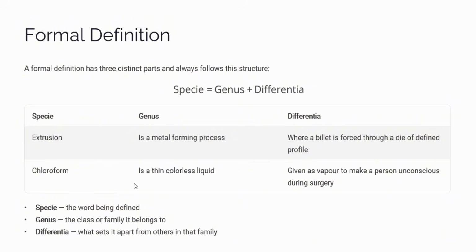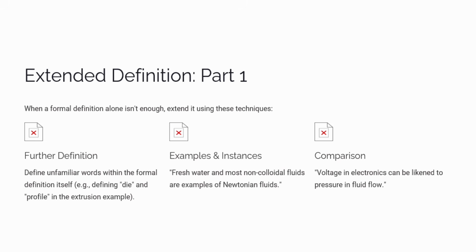So this is a formal definition because it has the specie, it has the genus, and it has the differential. So it is very important for you when you are doing your formal definition to understand all of this that I am talking about.